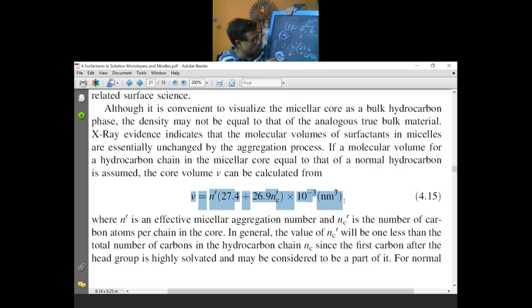If I know the core volume of the micelle, assuming there is no void space, it is completely filled, there are no holes, and if I know the aggregation number, meaning how many monomers are there in the micelle, then dividing the core volume by the aggregation number, I would be able to determine the volume of one hydrocarbon chain. If it is two hydrocarbon chains, then I will divide it by 2.